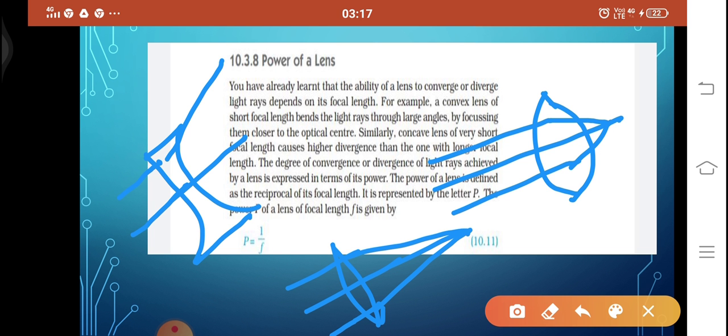So this is the degree of divergence, and here the degree of convergence. If the lens is thick, the ray will get focused very close. So here converging lens, here diverging lens, the degree of convergence or divergence of the light ray achieved by the lens is given by its power, that is power.